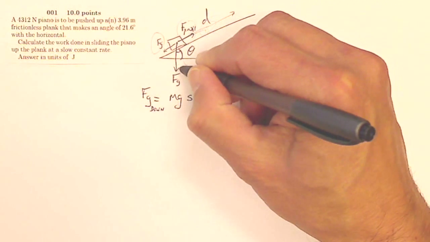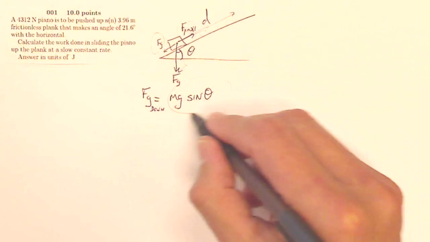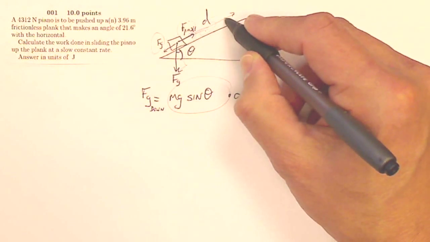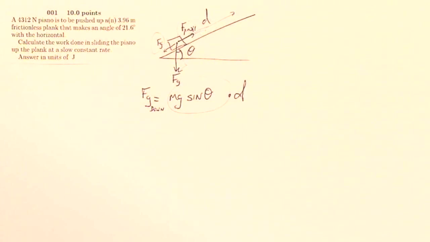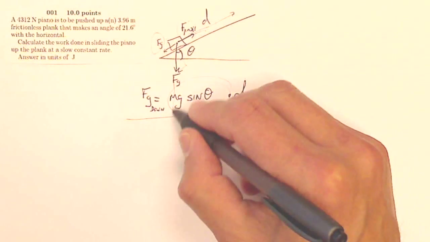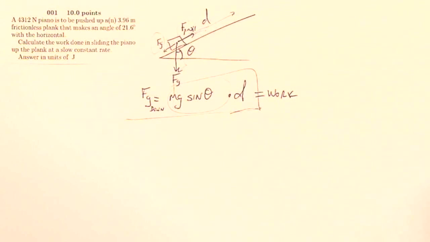So this theta, and this is my force of gravity down, so that's what I'm going to have to push with. So I could take this force and multiply it by my distance and forget about the cosine theta because these two are in the same direction. So that's one way of doing this, is going to say that this force times my distance is going to be my work done. The other way to look at this is change in energy.